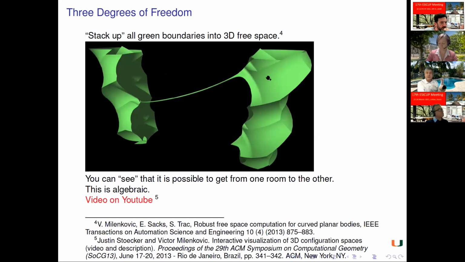And you can see at a glance that it's possible for the robot to get from one room to the other because you see this narrow corridor in the free space, which corresponds to the robot rotating and translating to get from one room to the other room. So this, in a sense, is the rotational no-fit shape. It's not a polygon anymore.